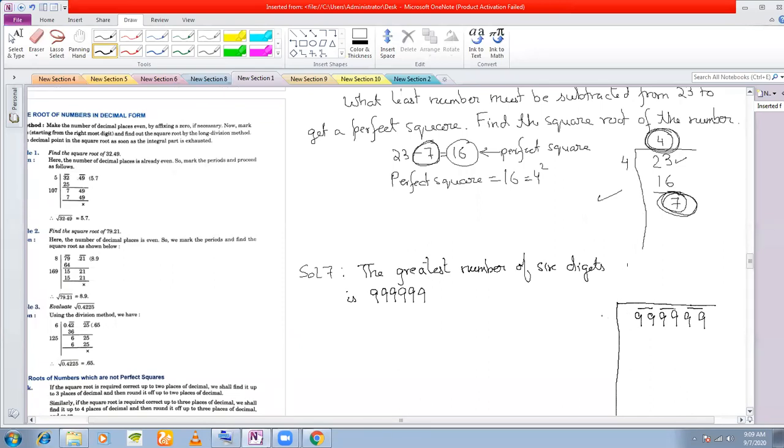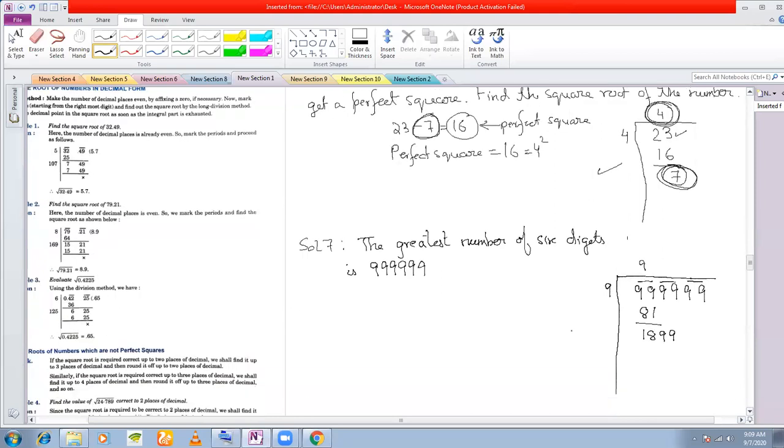In this case, 9 into 9 gives 81. You subtract to get 1899. Next, you double 9 to get 18, and the next digit you place here is again a 9.